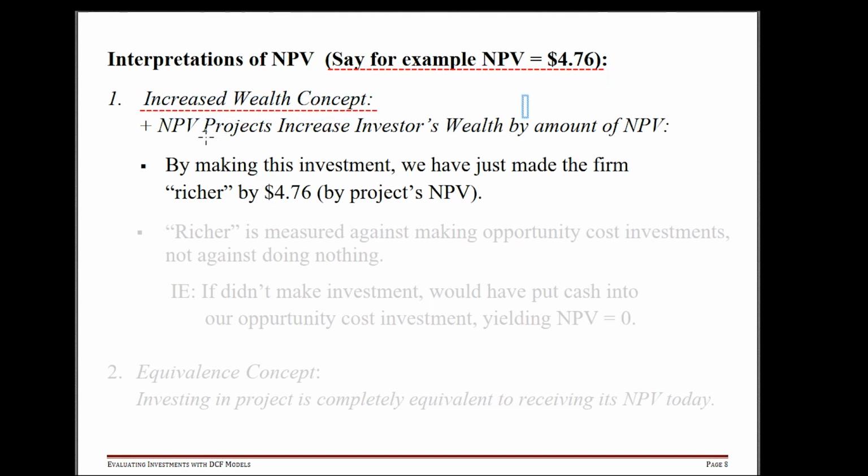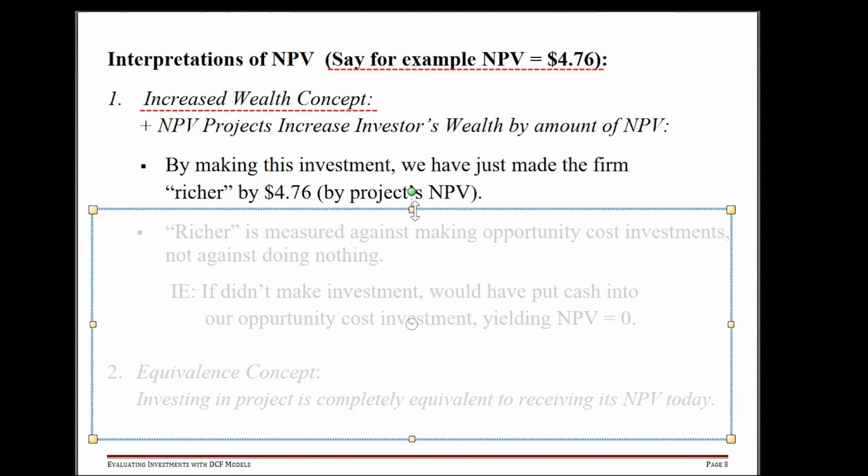It says that positive NPV projects increase the investor's wealth by the amount of the NPV. So in this case, where the NPV was $4.76, we would say, if we go ahead with that project, if we make this investment, we've just made the firm richer by $4.76. And I showed you how that actually does work. It's true, it's really true in the lecture for handout 11.